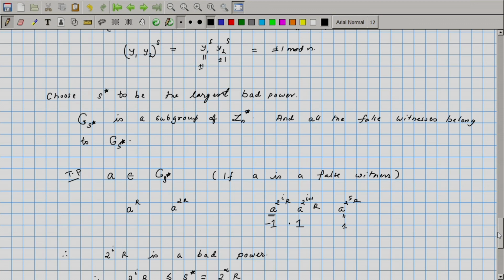Now, what is remaining is to show that we can construct an element which belongs to Zn star, but does not belong to Gs star.